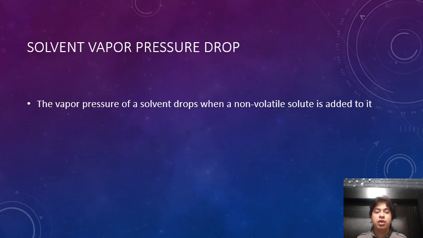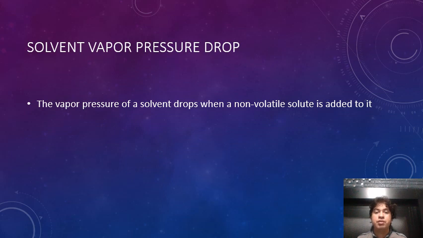An attractive force appears between the molecules of the solute and those of the solvent, making their transformation to vapor more difficult. In simple words, when we add more solute, lower vapor pressure is observed.